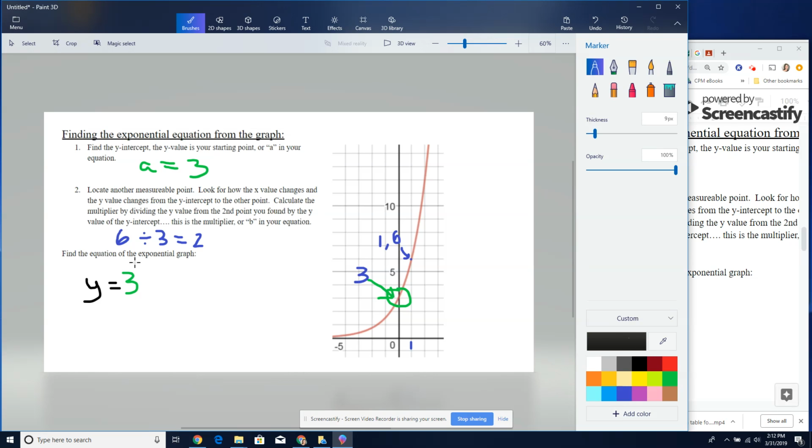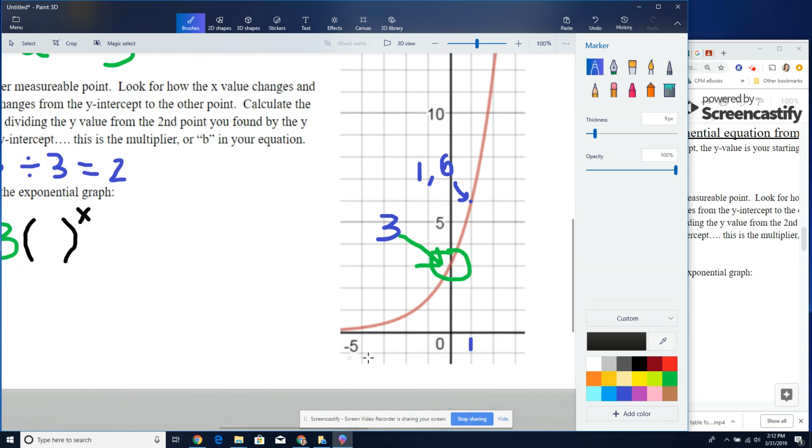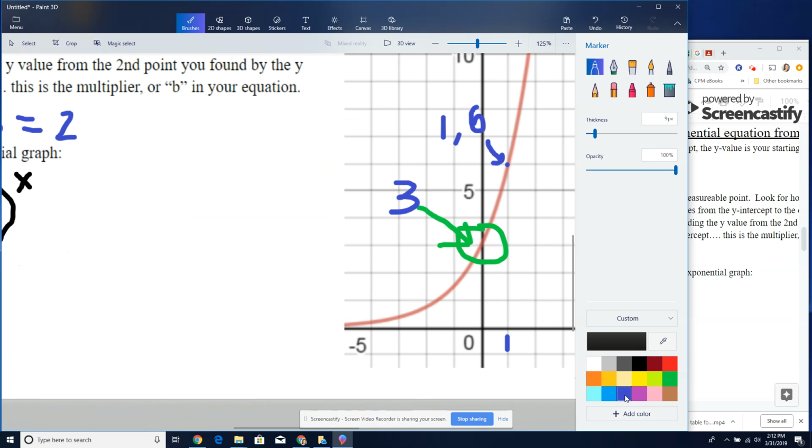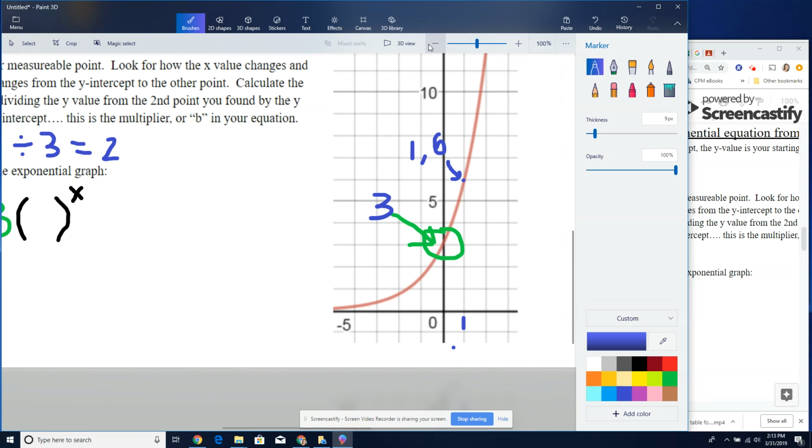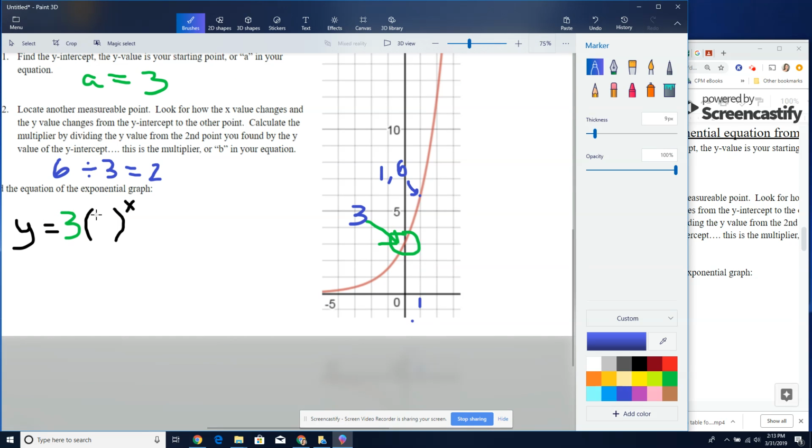So you can use a dot for that, or you can use parentheses. I like to use parentheses here. So I'm just going to go ahead and put my whole parentheses in, and my exponent, which is x, and then my multiplier. Shrink my screen back down. There we go. So my multiplier we decided was 2.